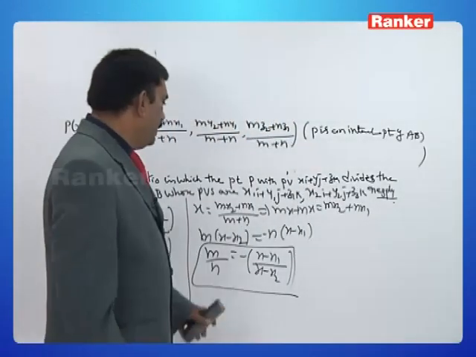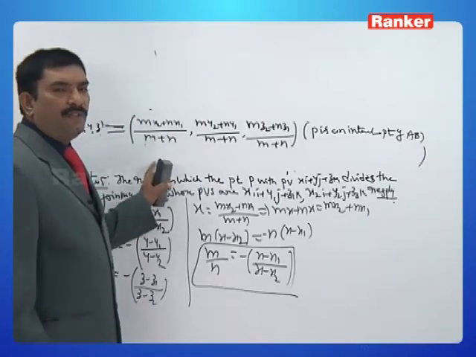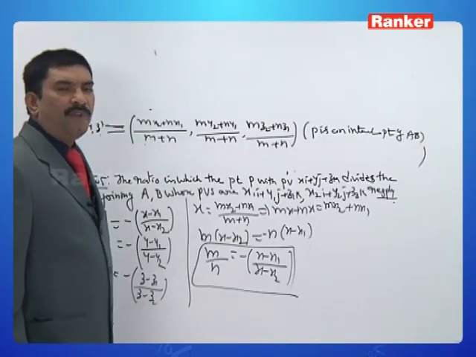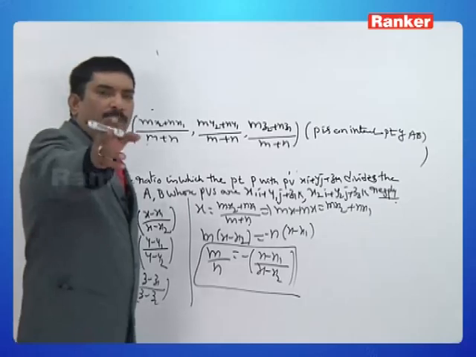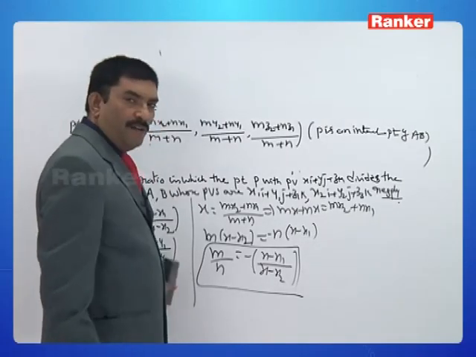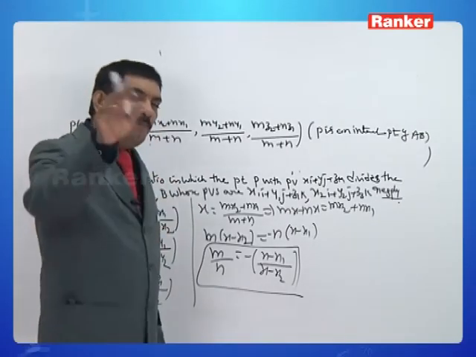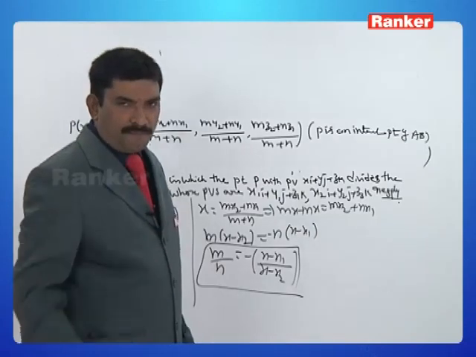This is how you can apply this formula when the ratio is not given, when P is given and A and B are given.